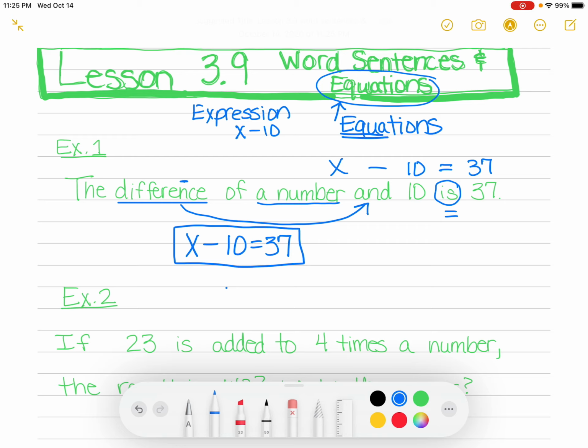That looks and sounds like equals, right? And that's what it is. So equations have an equal sign in them, and expressions do not. And word sentences are the same thing. A sentence means I'm going to complete it, kind of like when you have a period in a sentence. So these sentences are going to have an equal sign. Okay, let's go to the next one.